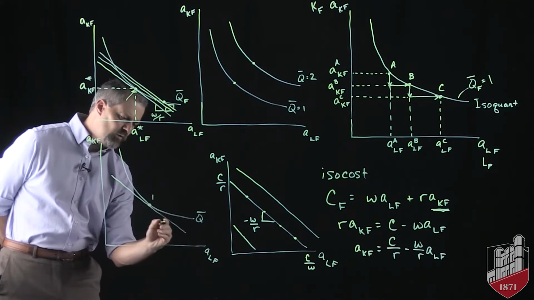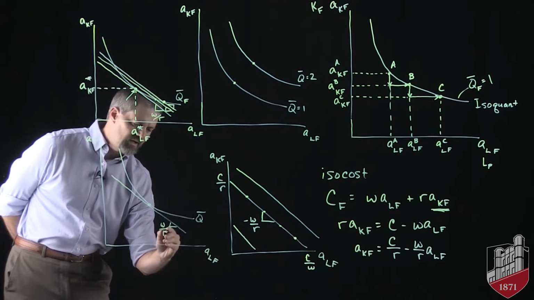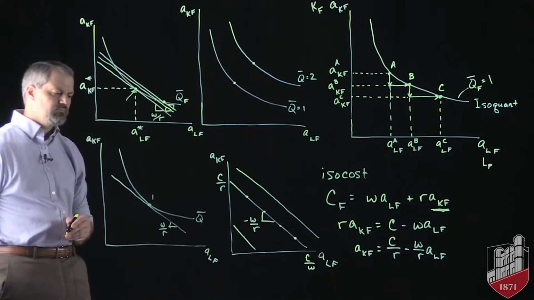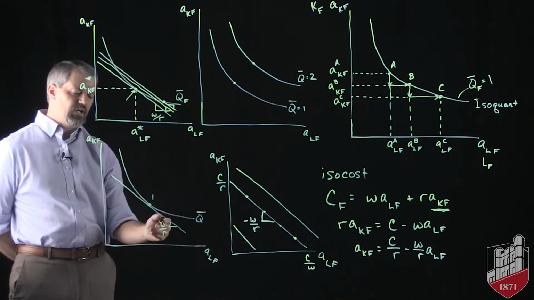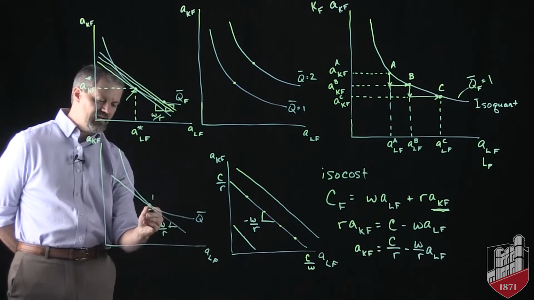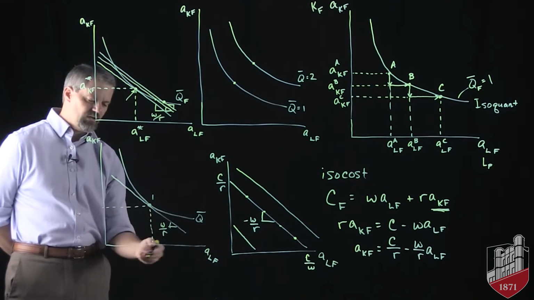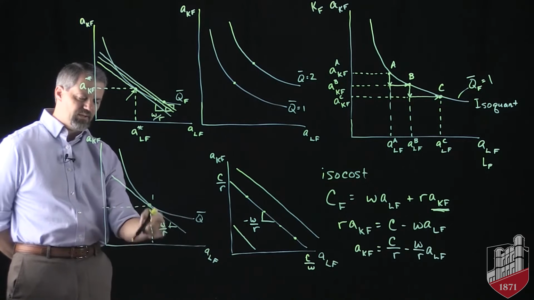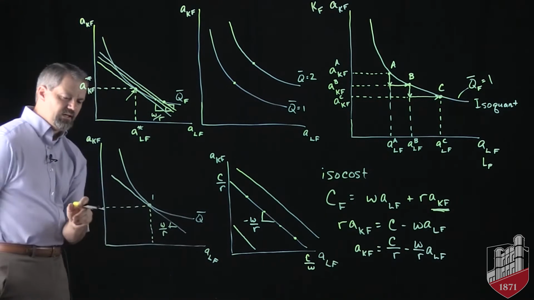We'll call it point 1. We've got a relative wage right there. So we're going to start at point 1 with this relative wage, and let's identify the amount of labor and the amount of capital that we're using. I won't put the symbols down there, but these coordinates would tell us the amount of labor and the amount of capital.